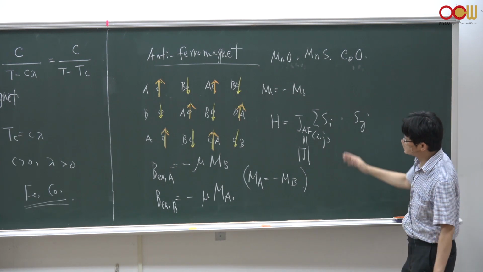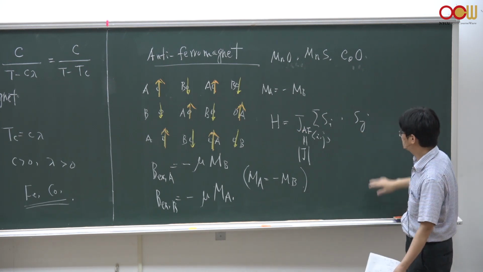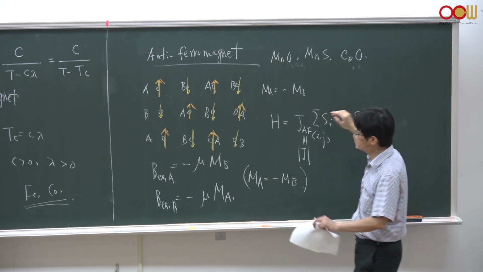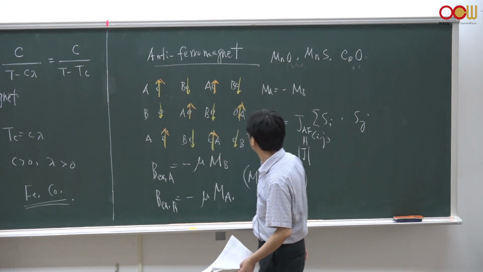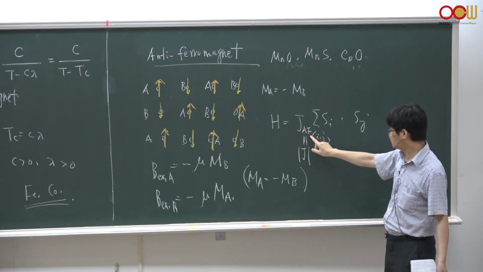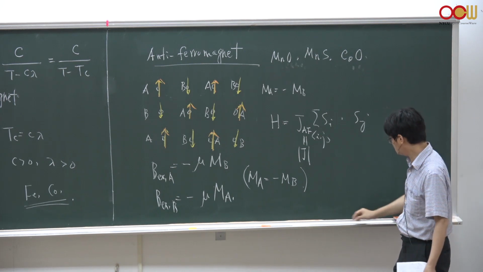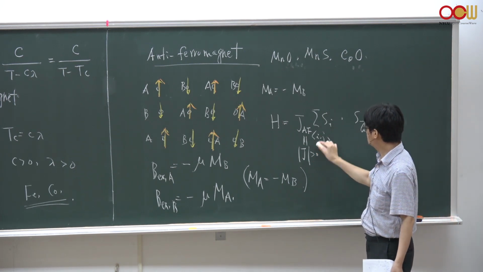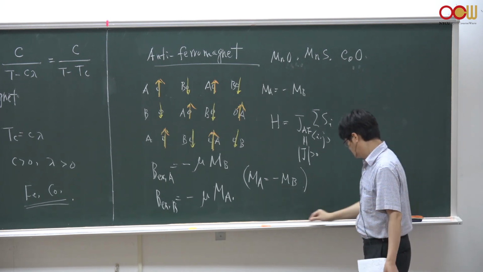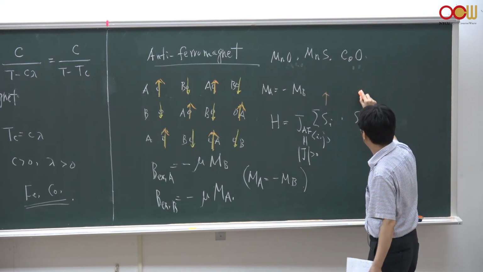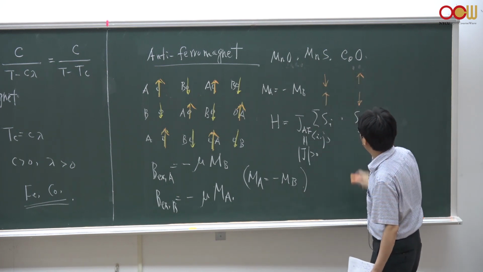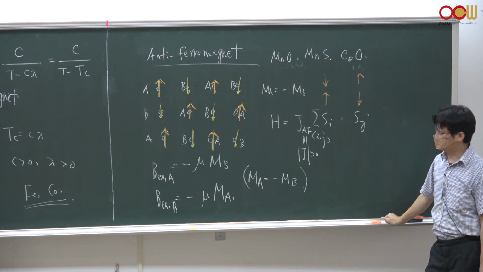And of course, just like the ferromagnetic case, the reason why they have such a strange up, down orientation is because they have an exchange coupling, J antiferromagnet, which is positive, which couples to the neighboring spins, so that to minimize the free energy or Hamiltonian, the orientation of the spins on neighboring sites should be along opposite directions.